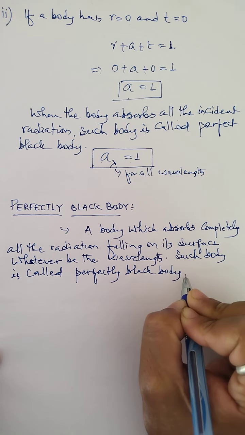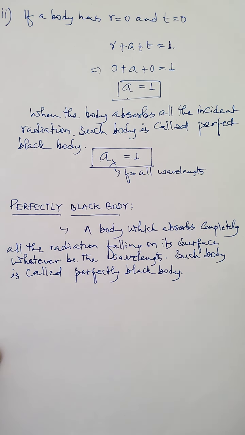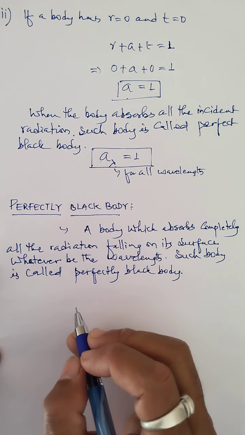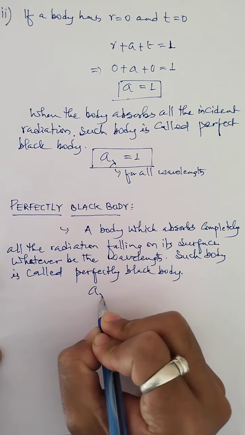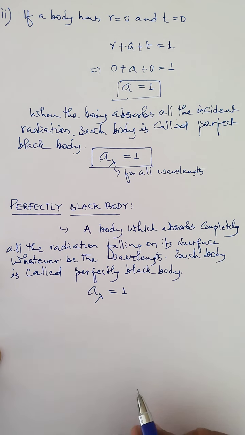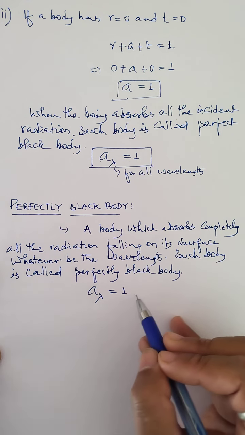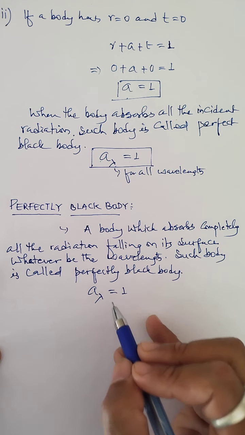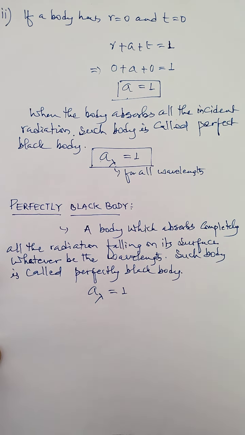Now the word black which is used here is because black is a good absorber of heat, but perfectly black body means that body which completely absorbs heat. And this is true for radiation of any wavelength which falls on the body. That's why for a perfect black body you have already learned the relation A lambda equals 1, which means your absorptance, or absorptive power, simply equals 1.